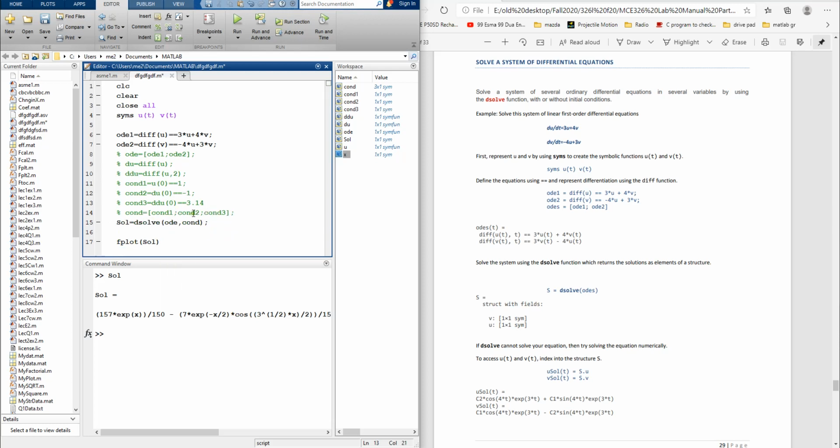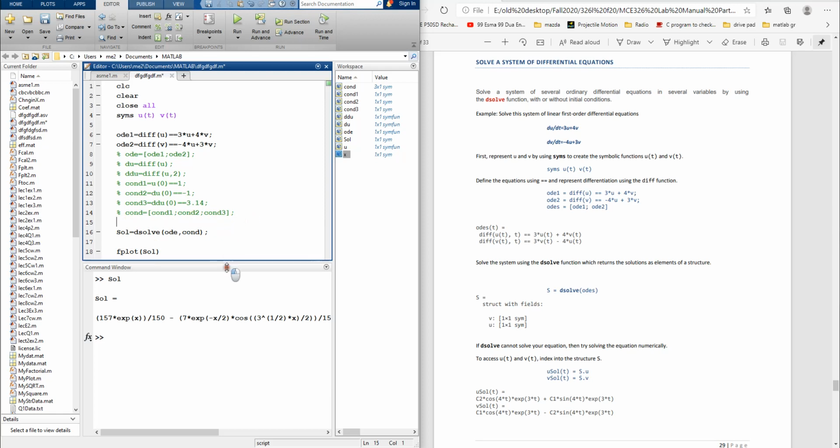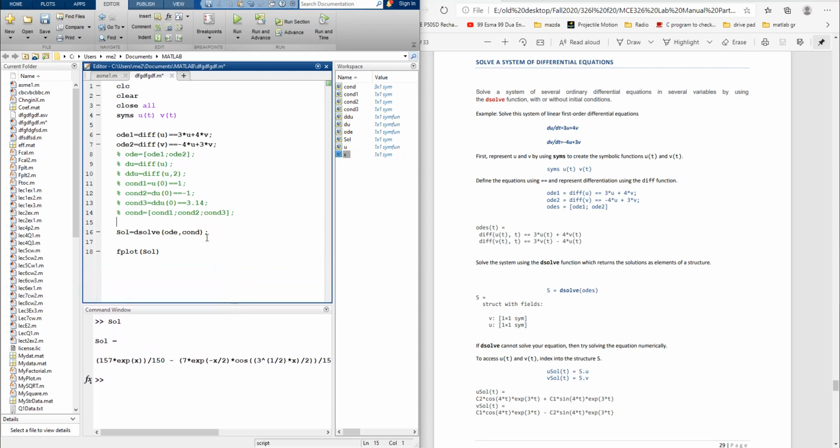Okay. Next, we want the solution without knowing, say, without the initial conditions. So solution equal dsolve ODE at conditions. Remove conditions because I don't have them. Save. Now I'll see again ODE1, ODE2, and I'm sorry, this should not be commented like this.